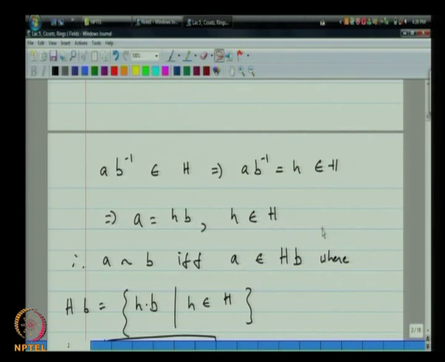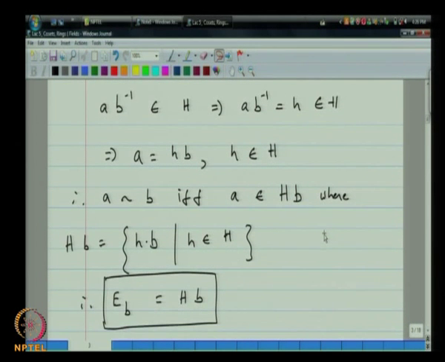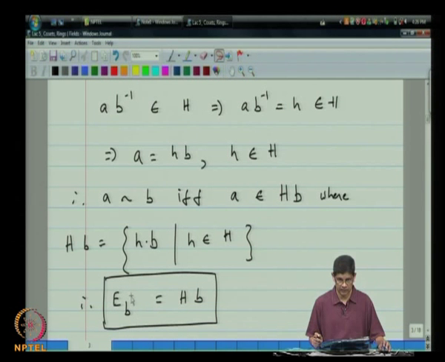Then we moved on to give a different description of these sets E sub B. Remember, we defined certain subsets and we called them E sub B. This is the set of all elements that are equivalent to B, but in the case of this particular relation, they happen to be of the form capital H times B. Capital H times B needs a definition because you have a set multiplying an element.